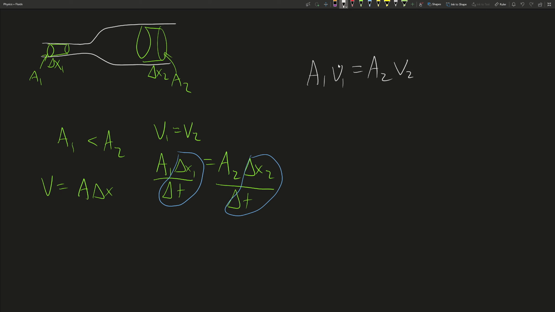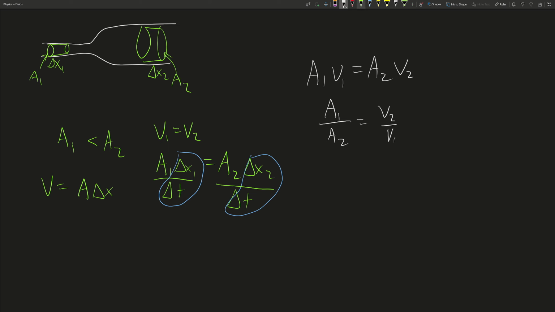And so area here is inversely proportional to velocity, as we can see here. So as area increases in a tube or in a path for a fluid, the velocity has to decrease, and vice versa.